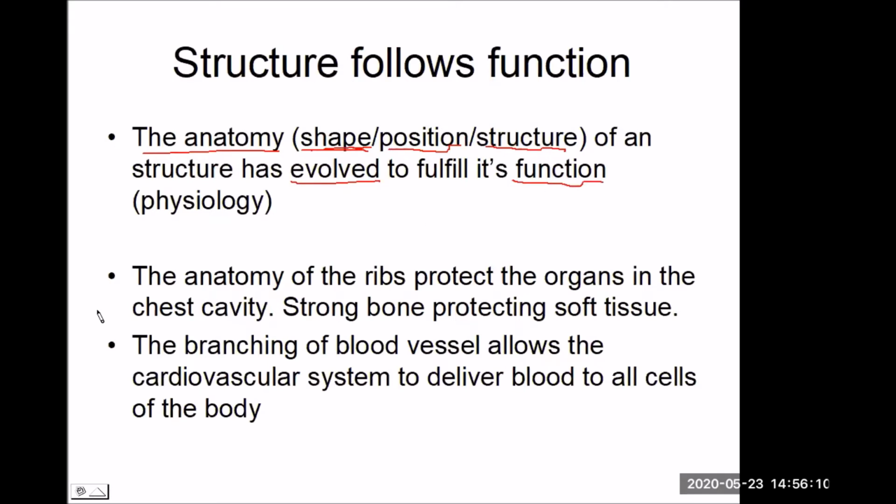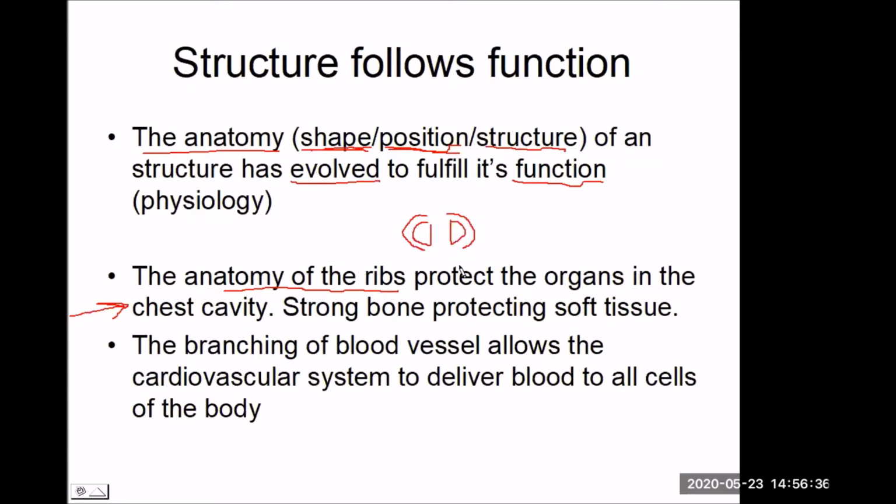And just one example would be right here, and we'll explain this. So we can think about the anatomy of our ribs. So the shape of our ribs, they're contouring around your chest wall. The position of the ribs, they're surrounding your delicate internal organs, such as your lungs.